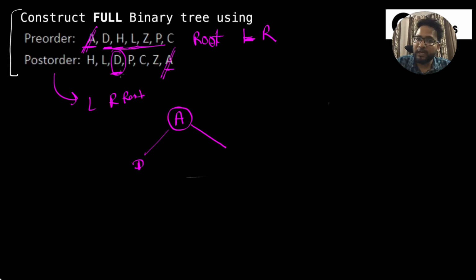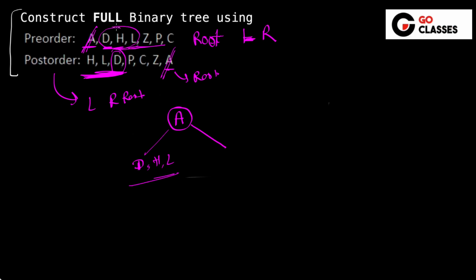So if D is on the left, then this whole thing has to be on the left. Something cannot be here from the right, because this is root. Then if it is on the left, this whole thing has to be on the left. DHL has to be on the left. And what about this P? Can P be on the left? Let's just hold it for 1 second, I will answer this.